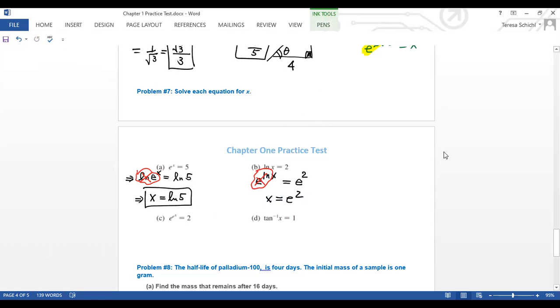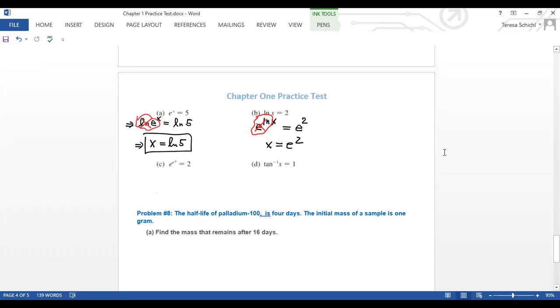Now let's take a look at part C. Oh boy, I have e and e to the x. Well, I just need to be patient, one at a time. I take the natural log of both sides, so this will be the natural log of 2. I take care of one e, so I will have e to the x equal to the natural log of 2.